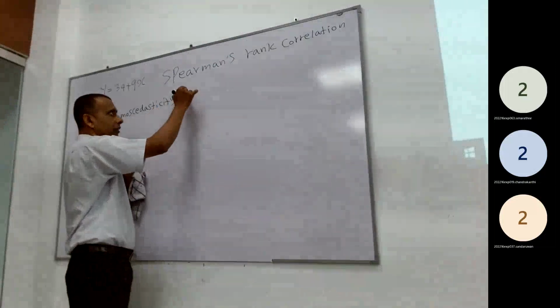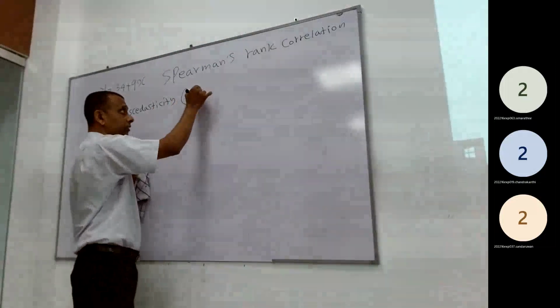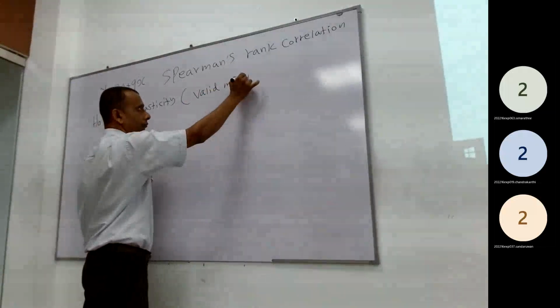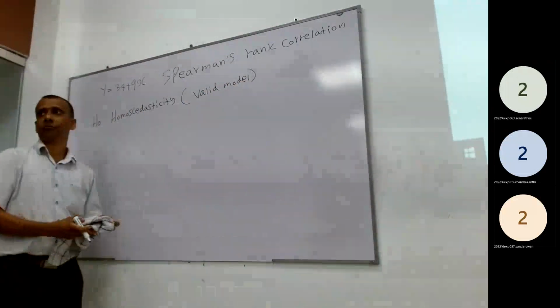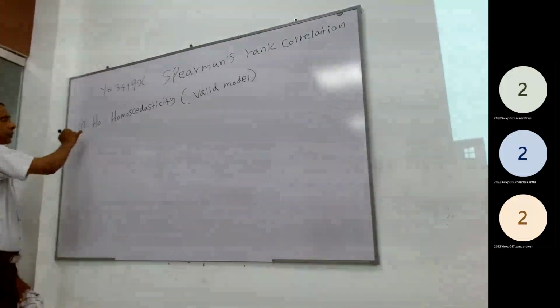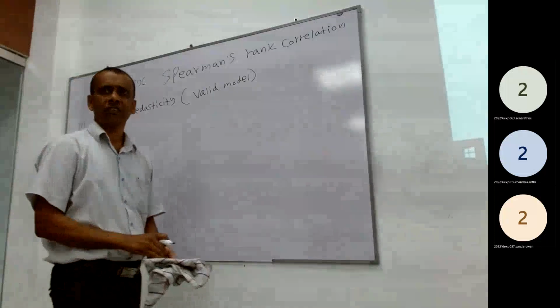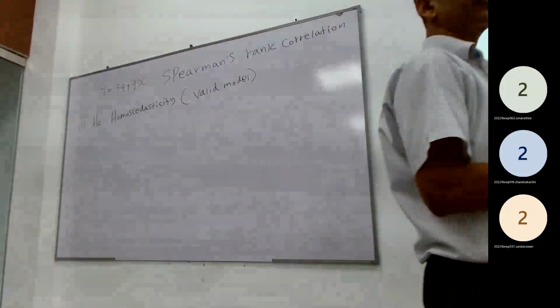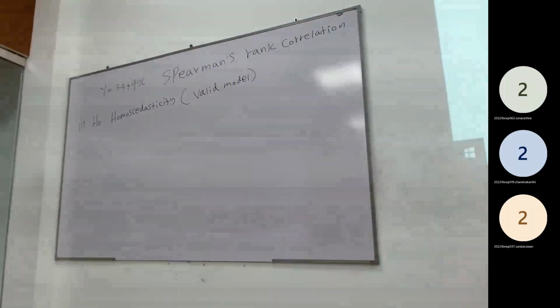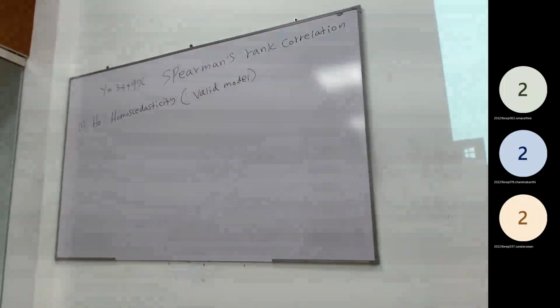Homoscedasticity means the regression model is valid. That is the null hypothesis. Otherwise, the variance of the residual is constant, the linear model is valid.